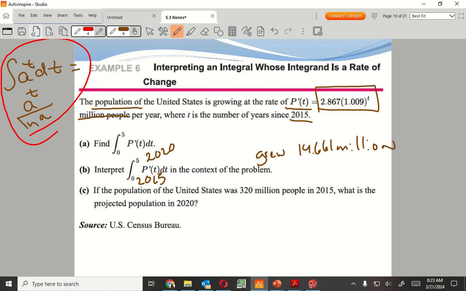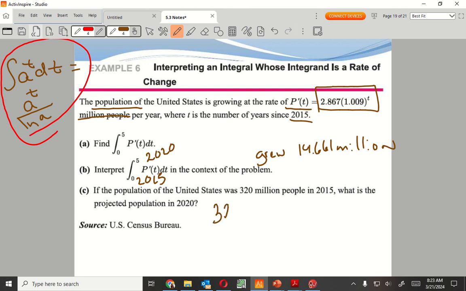That's the interpretation. If the population of the United States was 320 million in 2015, what is the projected population in 2020? So what am I going to do? I'm just going to add it because it is increasing.